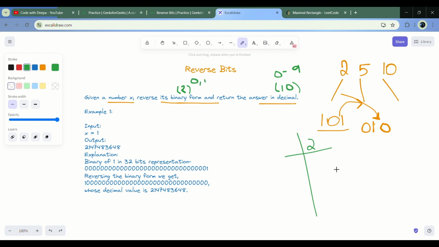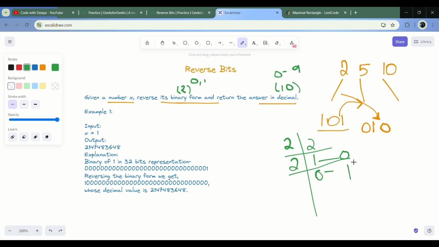So if you divide 2 by 2, you will get 1 and the remainder will be 0. Now again if you divide 1 by 2, you will get 0 and your remainder will become 1.